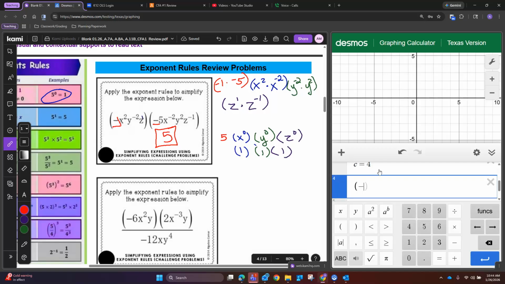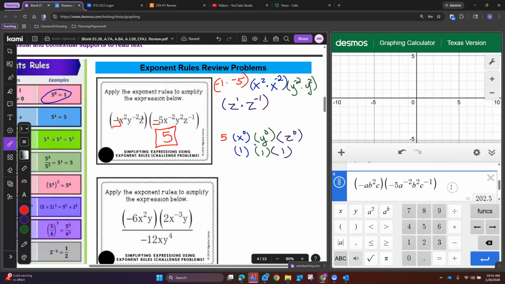So we're going to have -a b squared c, close parentheses, open parentheses, -5 a raised to the -2 b squared, and c, not z, c raised to the -1. Okay. All right, so we have all of that.